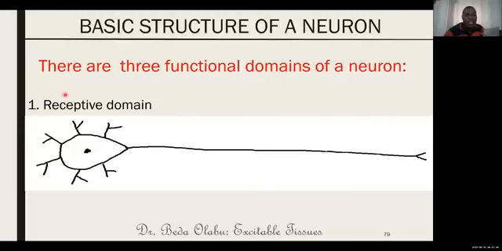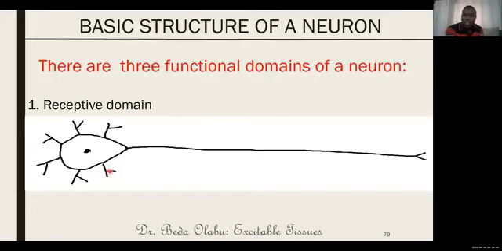The receptive domain of a neuron refers to these ones, which we call the dendrites. So in your diagram, you must have illustrated the dendrites. The receptive domain of a neuron refers to the dendrites.